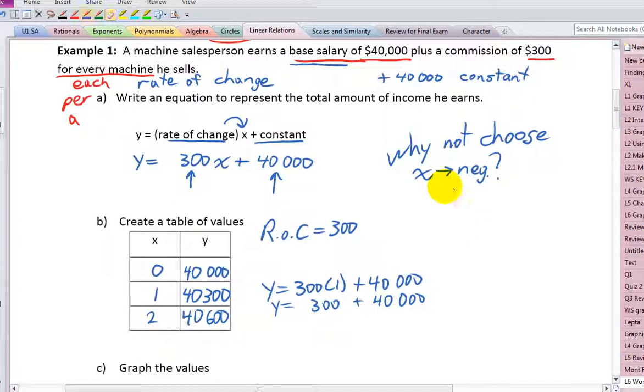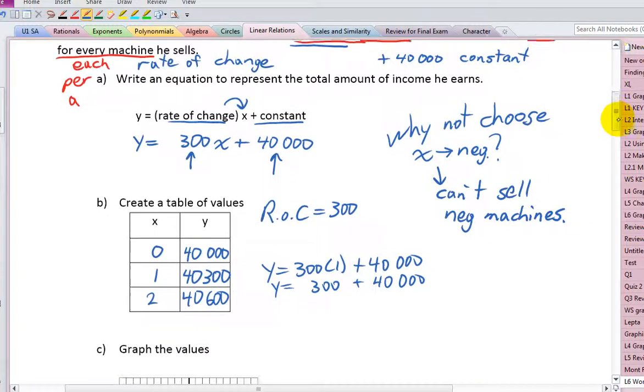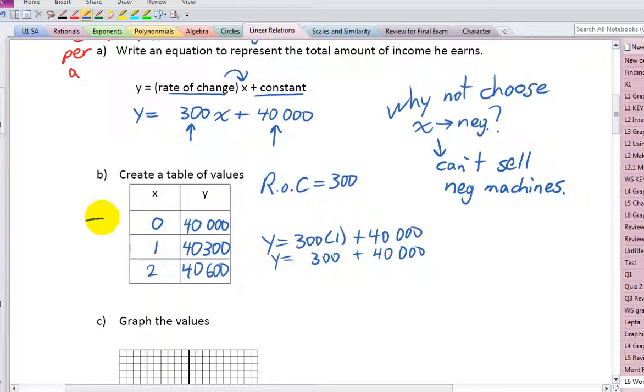Well, the reason why you wouldn't do that is because you can't sell negative machines. What would that look like? If the business sold -1 and -2 machines, is that like a refund? What is that? It doesn't make sense. They wouldn't pay them for a refund. Okay, so we're just going to start at 0 and go up. You're going to have to choose smart values.